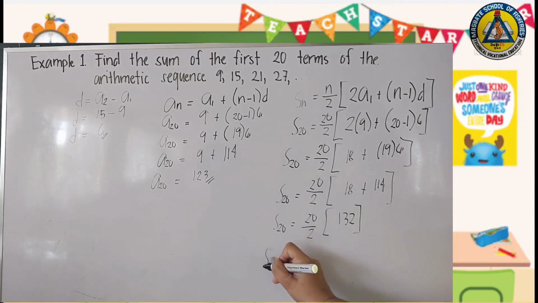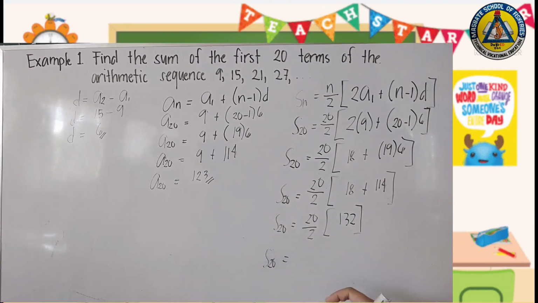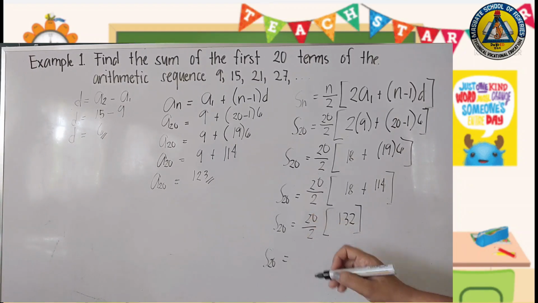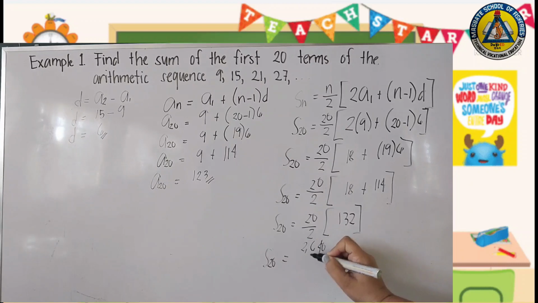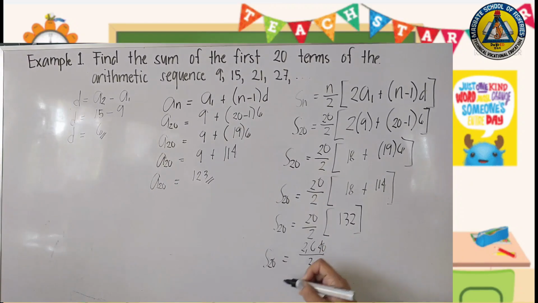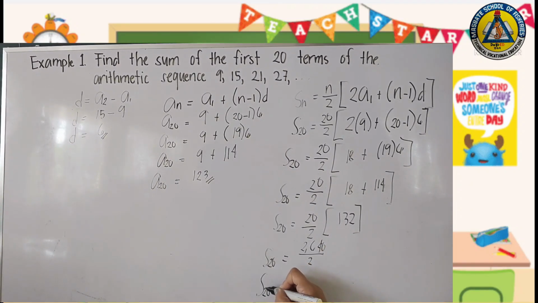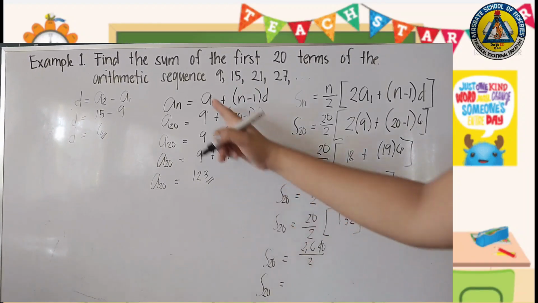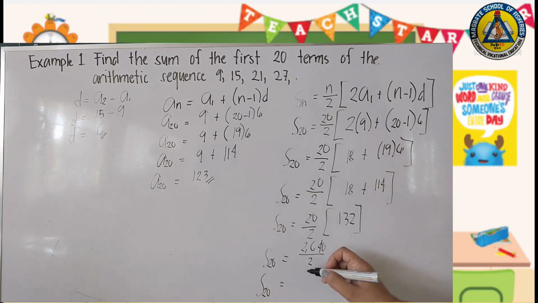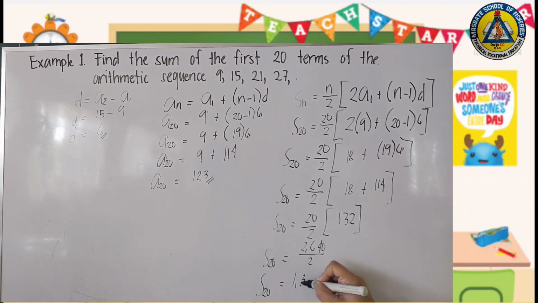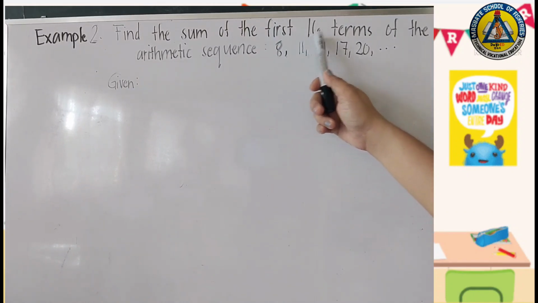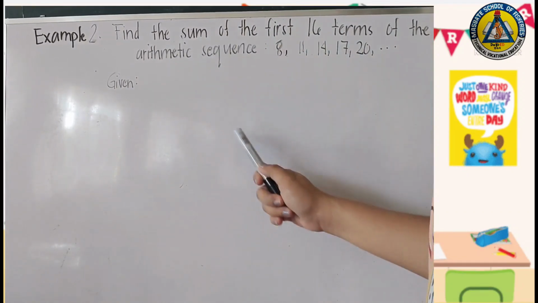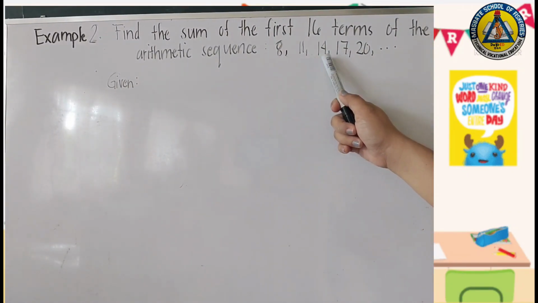S sub 20 is equal to 132 times 20, which is 2,640 divided by 2. Therefore, the sum of the first 20 terms of the given arithmetic sequence is equal to 1,320.